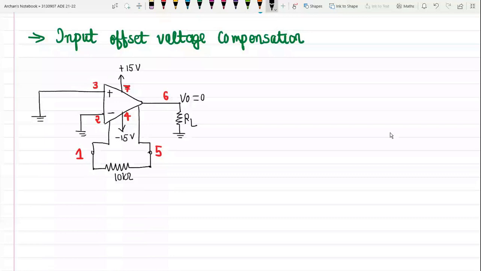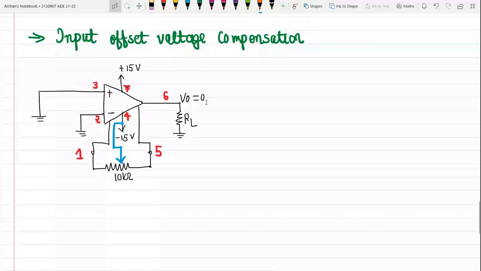So we have one wiper over here, which is connected to the 10 kilo ohm potentiometer. By adjusting this potentiometer wiper, we will be able to nullify the output voltage. This is the arrangement of IC741 shown in this particular figure.